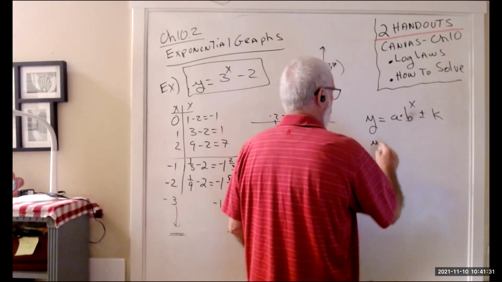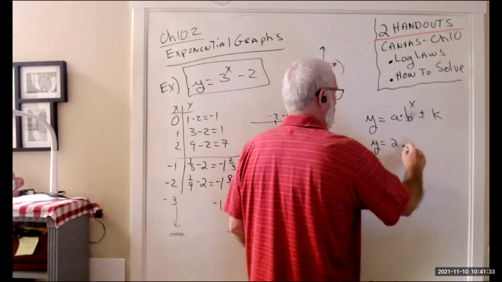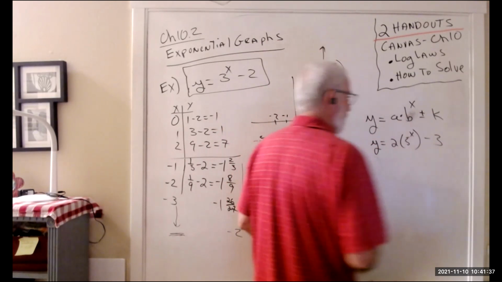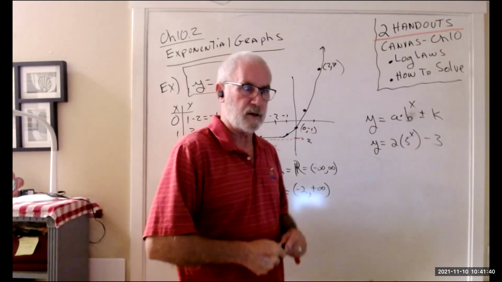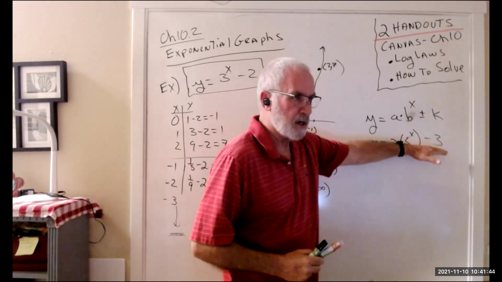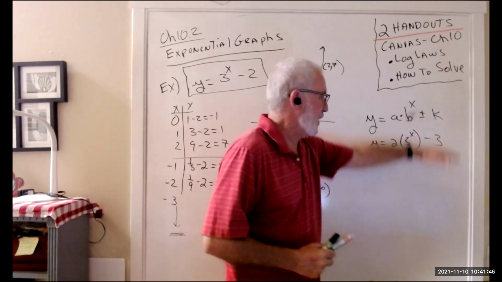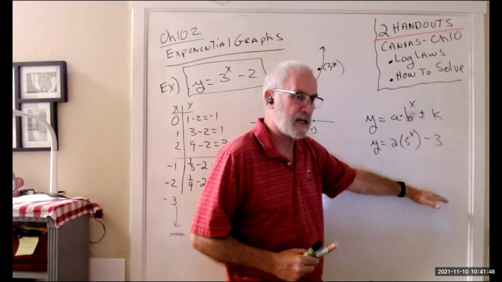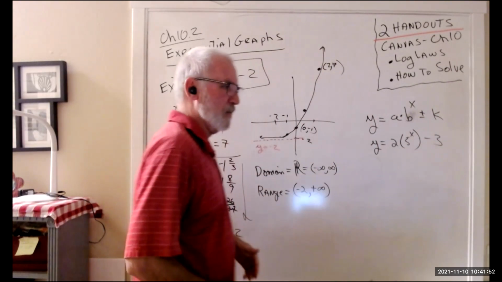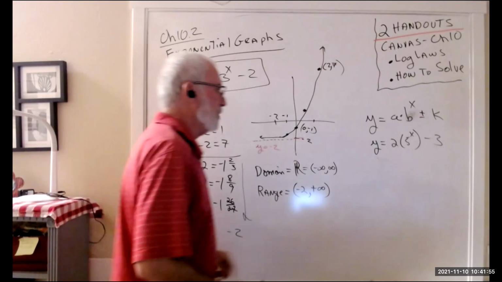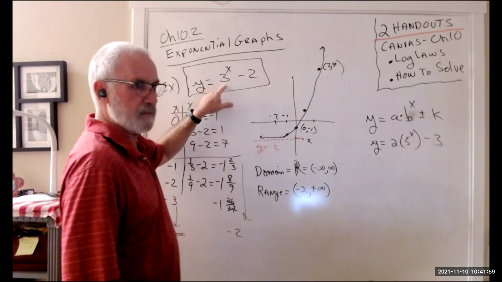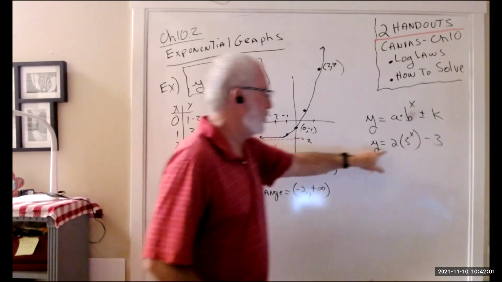So for example, y equals 2 times 5 to the x power minus 3. What would that graph look like? Well, we kind of know what the 3 does. It moves it down. And we kind of know that there's going to be an asymptote at y equals -3, based upon this work. But how is base 5 different than base 3? What does this 2 do in front of it?